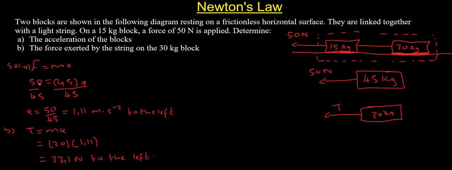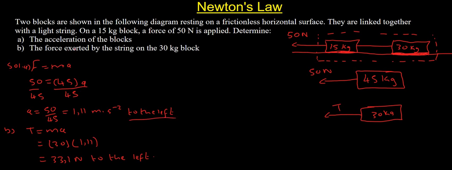Our force given is 50 Newton. It's the only force acting on the system. So 50 will be equal to the mass of 45 multiplied by A. To get A, we divide both sides by 45. Our acceleration is 50 divided by 45, which is 1,11 meters per second squared. Acceleration must have direction, to the left.